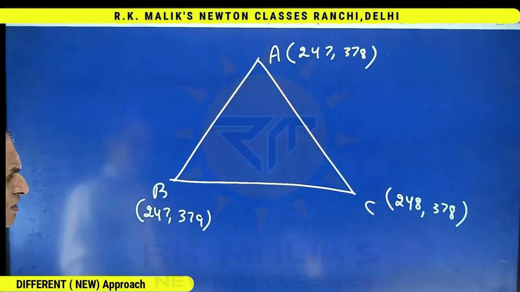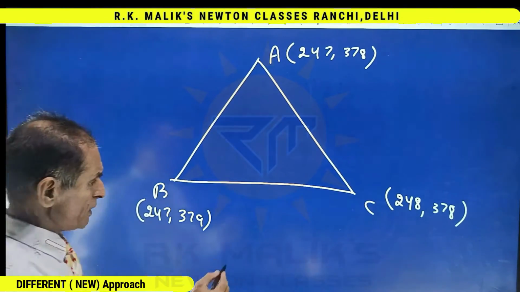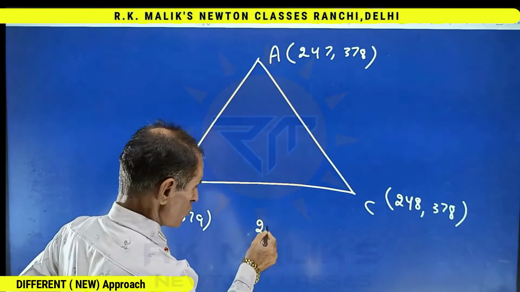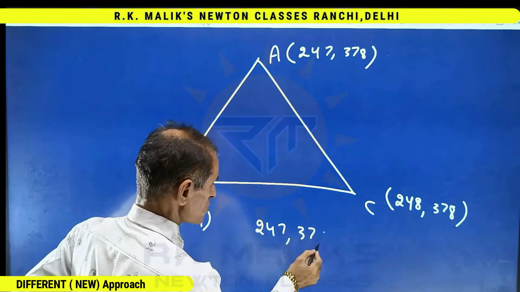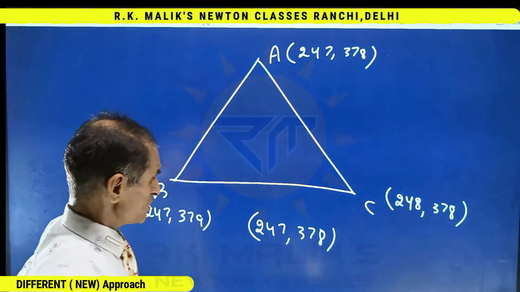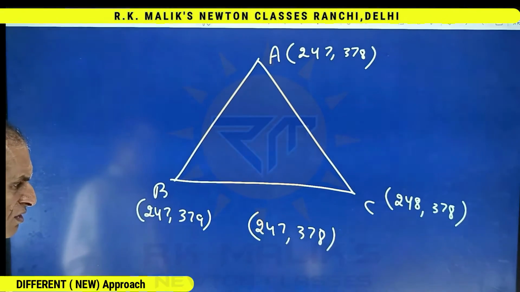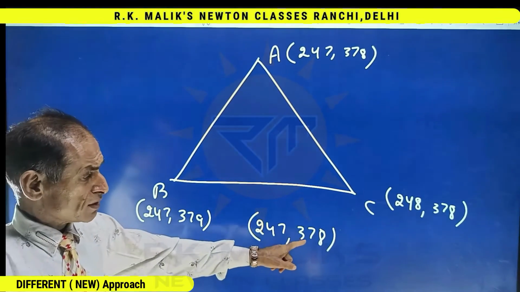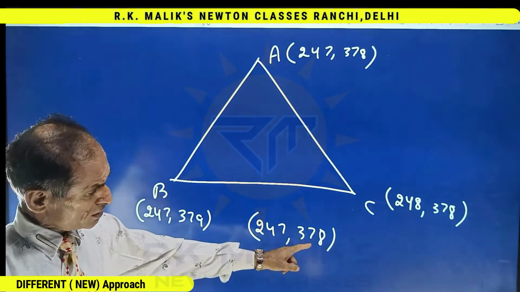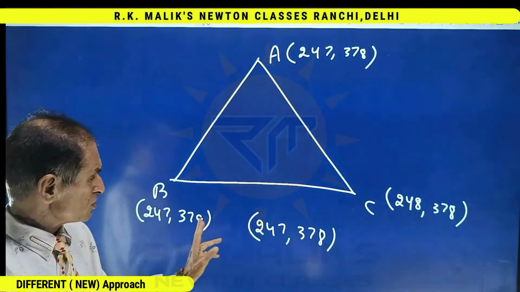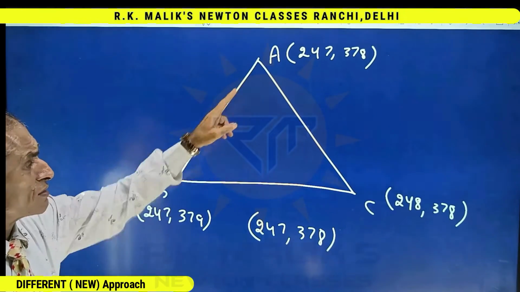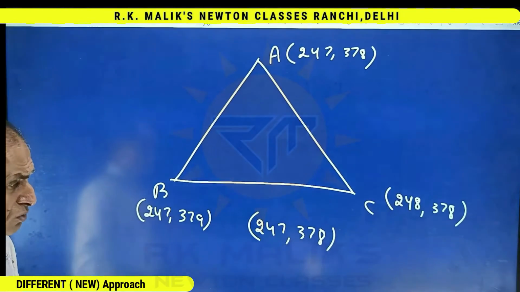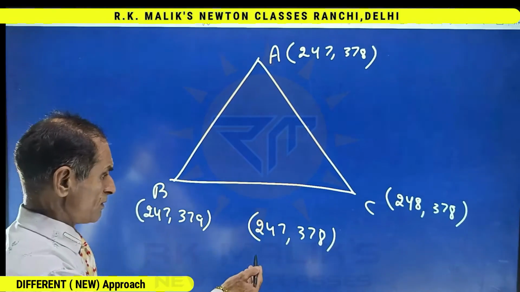Hence, I shift the origin to the point (247, 378). It's not necessary that 378, I could take 379 also, but because 378 has come 2 times and 247 has come 2 times, therefore I have used this point.